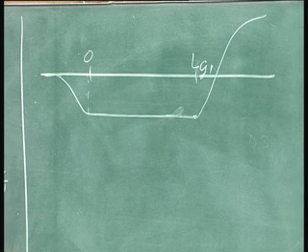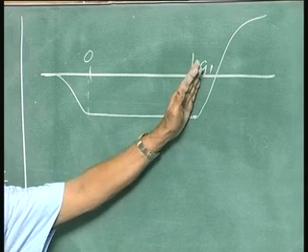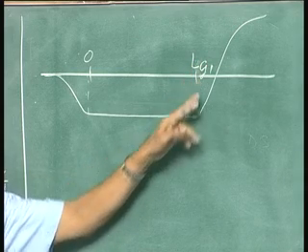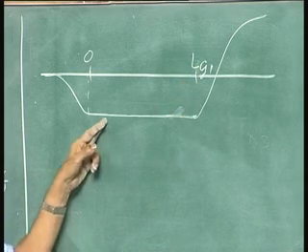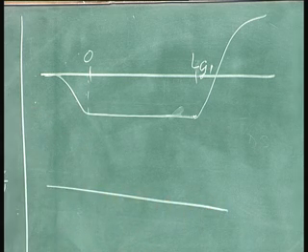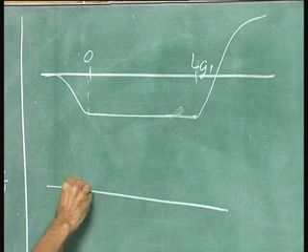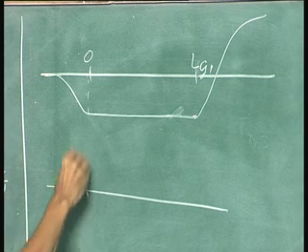Same voltage, if I reduce the channel length, how will that be? If I reduce the channel length, this keeps on encroaching into this region, and we are talking of very short channel devices, 1 micron, 1.3 micron. So, what would happen? That is there, this is long channel.